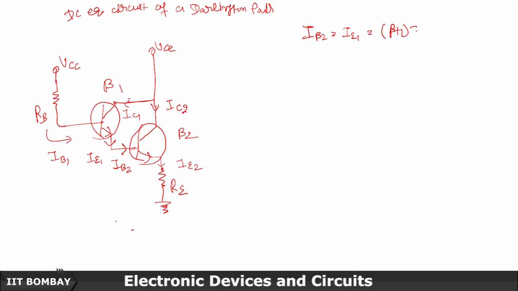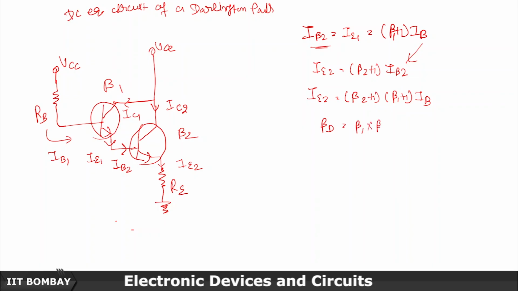IE1 is equal to beta 1 plus 1 times IB1, and we found that IE2 is equal to beta 2 plus 1 times IB2. And if I just replace it here, what I get is IE2 is equal to beta 1 plus 1, beta 2 plus 1, IB1, and this beta D, or whatever notation we want to use, is beta 1 into beta 2. Approximations have been used here.